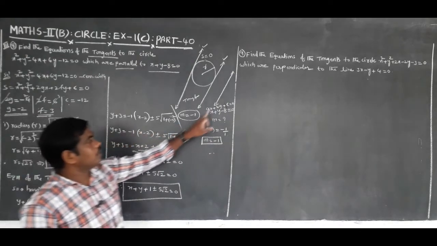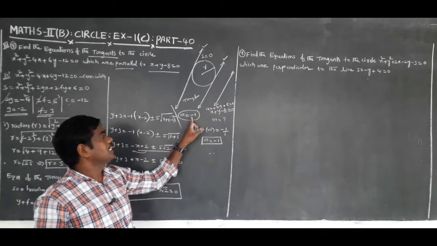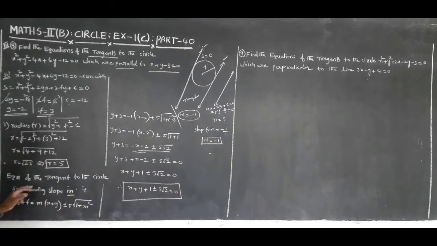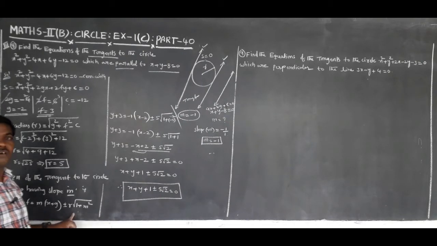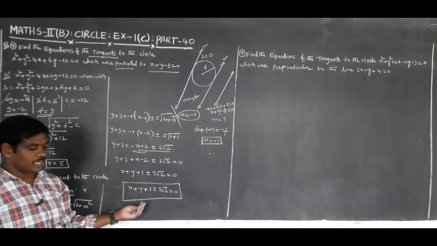Then find the slope of the line. Here two lines are parallel, so their slopes are equal. Using the formula, the equation of the tangent to the circle S = 0 having slope m is y + f = m(x + g) ± r√(1 + m²). Substitute values and simplify.